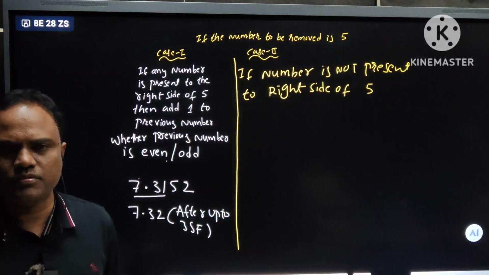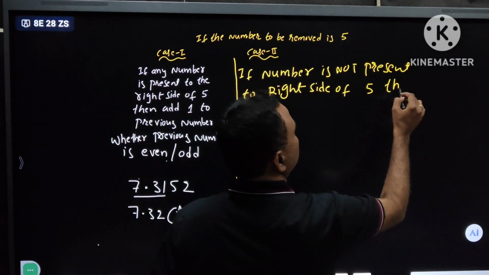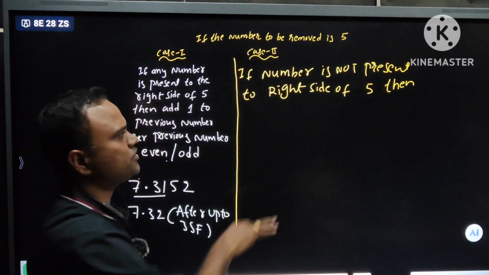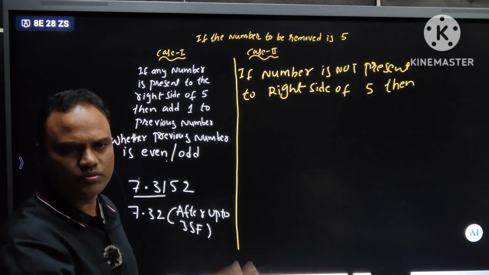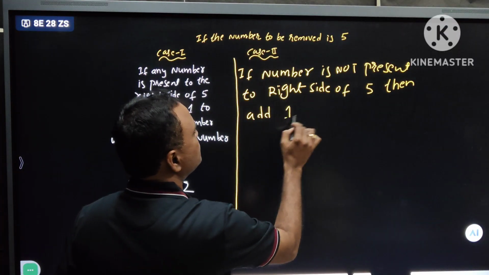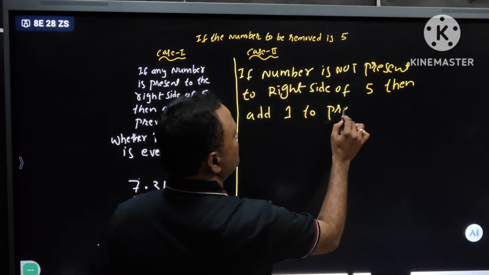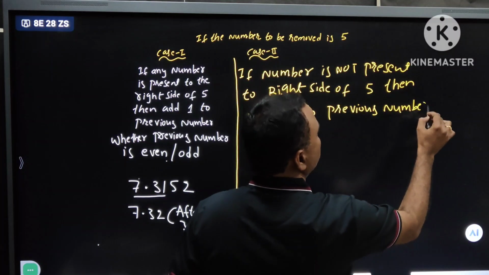Right side of 5, there is no number. Then I'll give you 2 cases here only. Another case also there now. Then add 1 to the previous number.